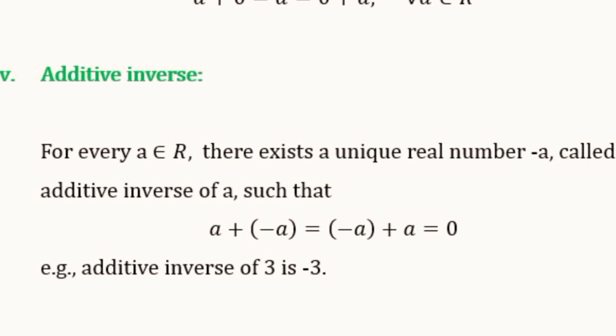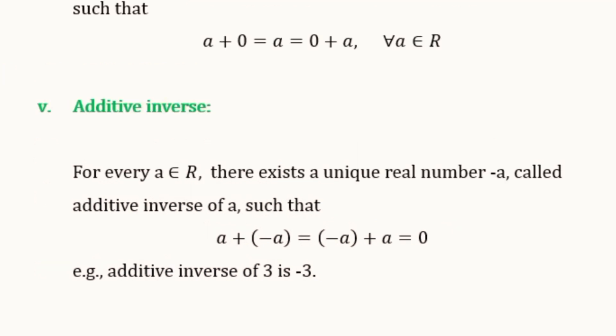So, inverse of every element exists with respect to addition, and that inverse is unique. Uniqueness means that for one element there is only one inverse. Look at 3, there is minus 3, which is the unique inverse of 3.